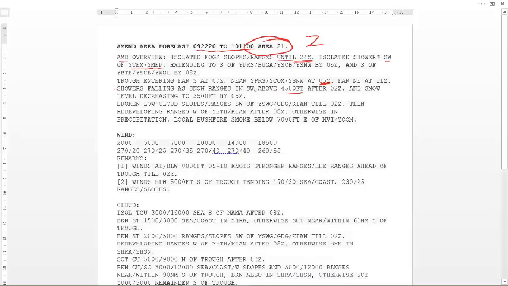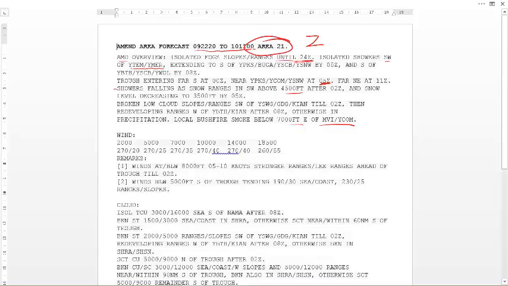So all of this is an overview of the weather. Broken low cloud on the slopes and ranges. So there's a warning for pilots that are flying below 10,000 feet. So we're also warned about other conditions such as local bushfire smoke below 7,000 feet east of this line here, and you'd have to look that up on a chart.